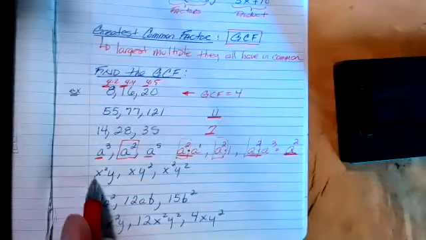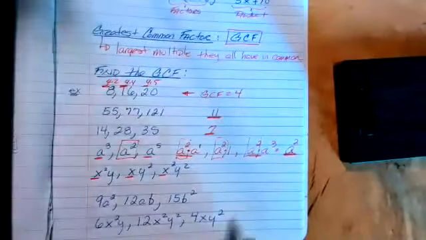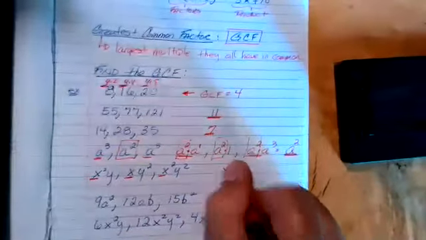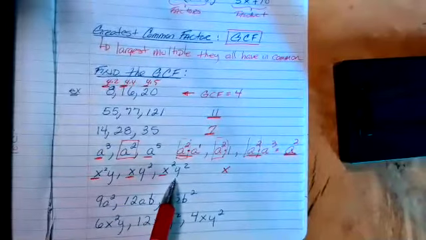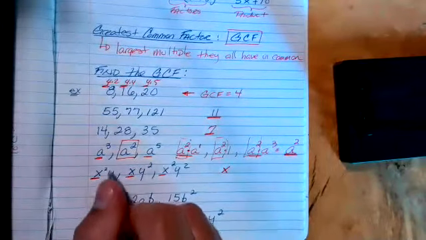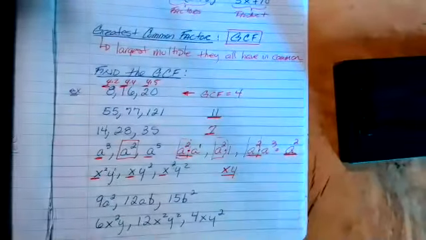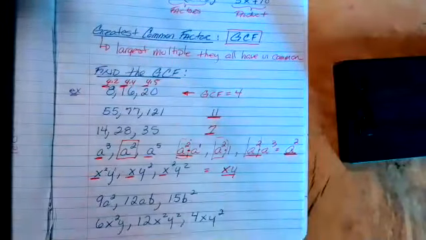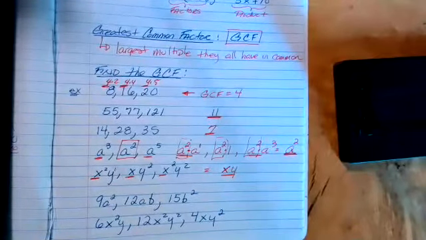Let's do it individually. x squared, x to the first, and x squared. So they all have x. y to the first, y squared, and y squared. They all have at least y to the first. So they all have x to the first and y to the first. Everybody agree with that?